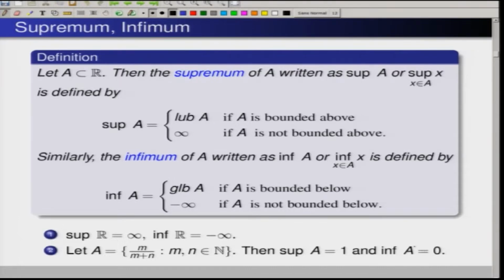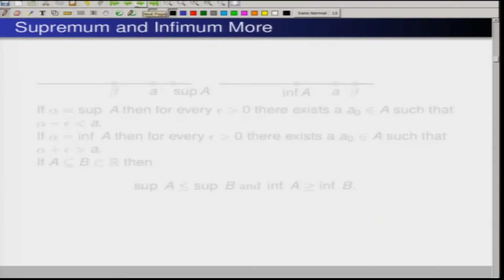So, I urge you to try this problem, try to see that the supremum of A is 1 and the infimum of A is 0. And so, there are some more properties of the supremum, infimum or least upper bound. Suppose I have a set A where the supremum is here.